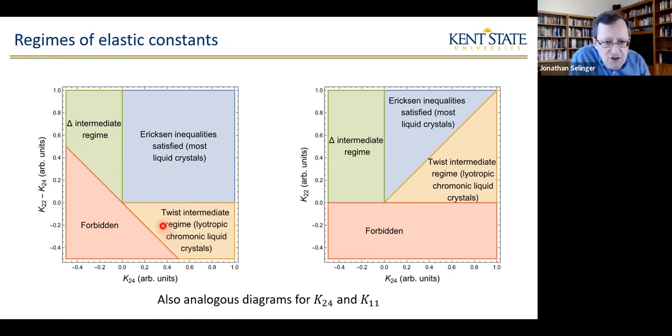The optimum local state has double twist. In principle, there could be this delta intermediate regime with the optimum delta deformation, and then a forbidden regime, which is thermodynamically unstable. Here's the same diagram plotted in terms of K24 and K22. We also have analogous diagrams in terms of K24 and K11.